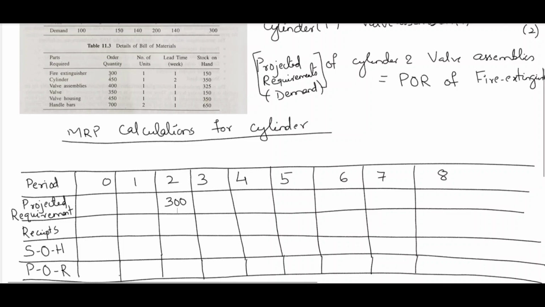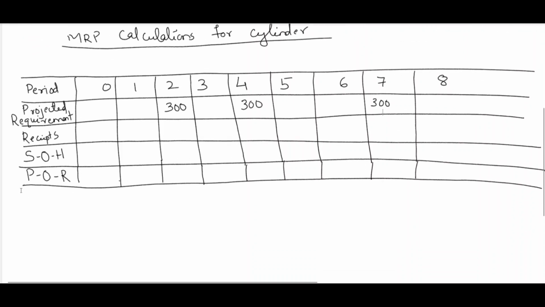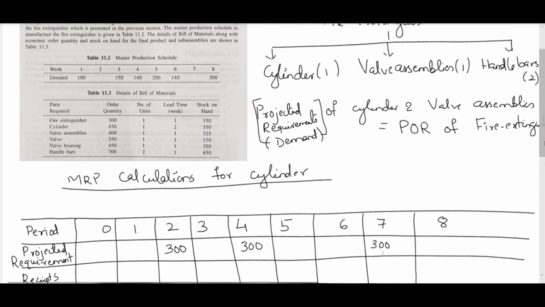I've already told that every time we have to order as per this rule. It is 300 for the second week, the fourth week, and the seventh week. So in the previous problem, these 300s in the second, fourth and seventh weeks were the planned order release of the fire extinguisher.